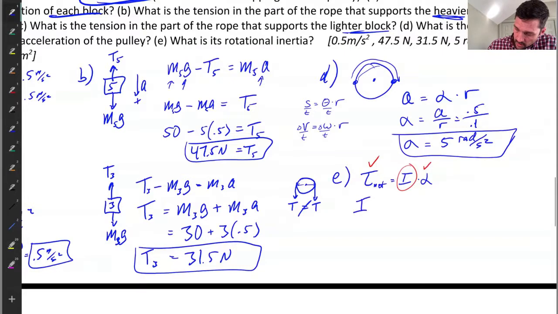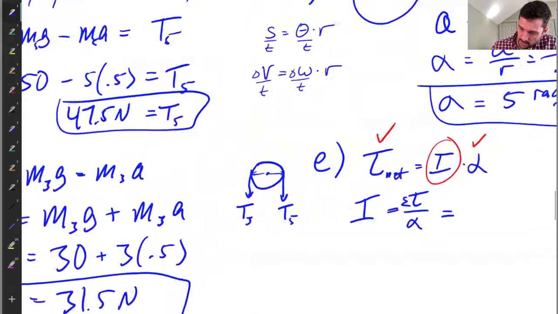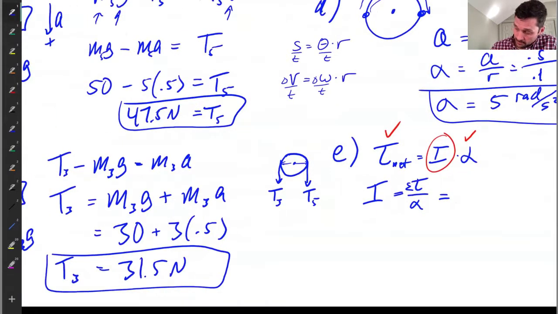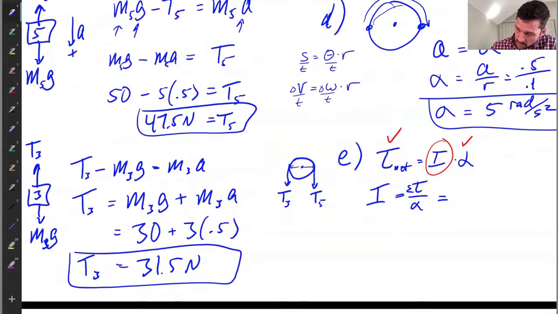Rotational inertia equals net torque divided by angular acceleration. And we have two torques: the one generated by the tension caused by the 5 kilogram object and the one caused by the 3 kilogram object.